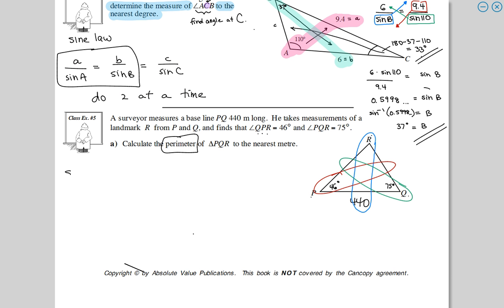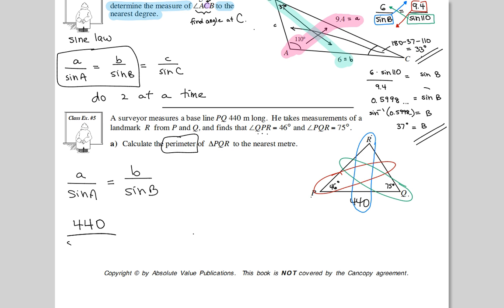Okay. So remember that the sine law says, let's just copy what I did above. Let's use a over sine A equals b over sine B. Let's keep it consistent. Now what can I place where? Use my pointer. What can I do with the 440 and the R? They go together. So what's little a? 440.